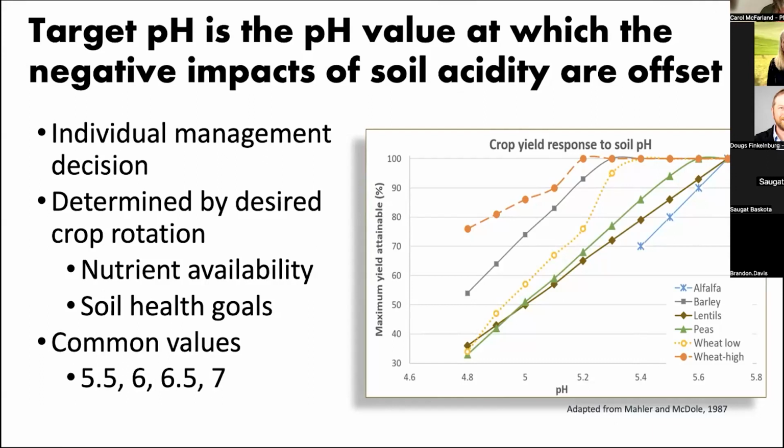But you can definitely see that the legume crops tend to experience more detrimental effects from lower pH conditions, very likely because of the negative effects on their symbiont environment as well, or those nitrogen fixing partners.